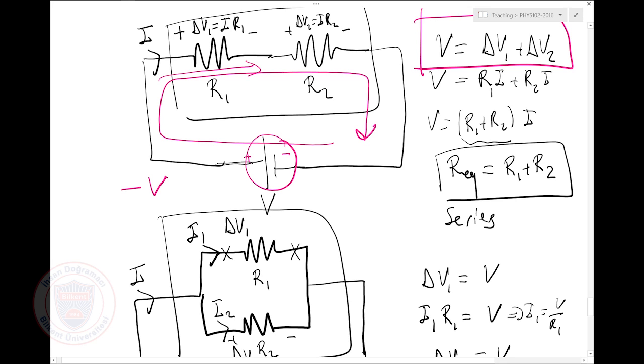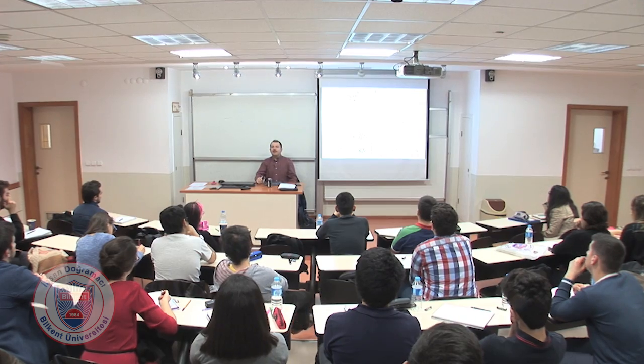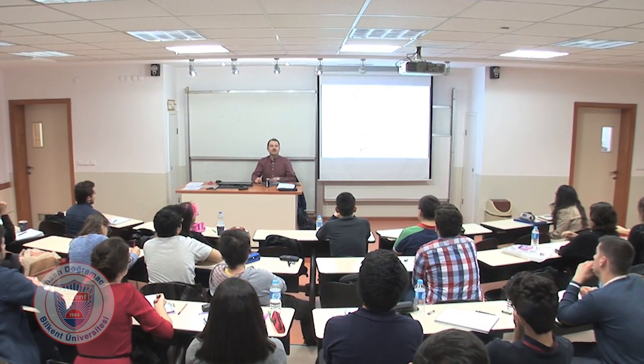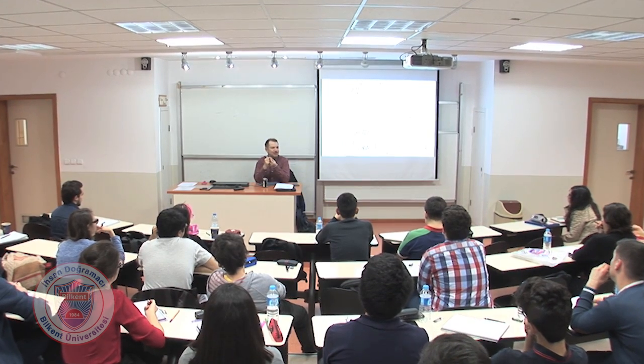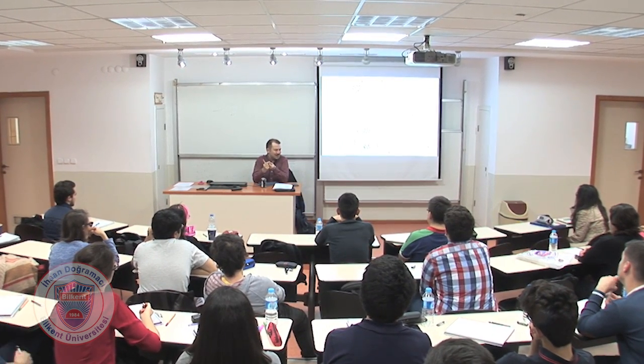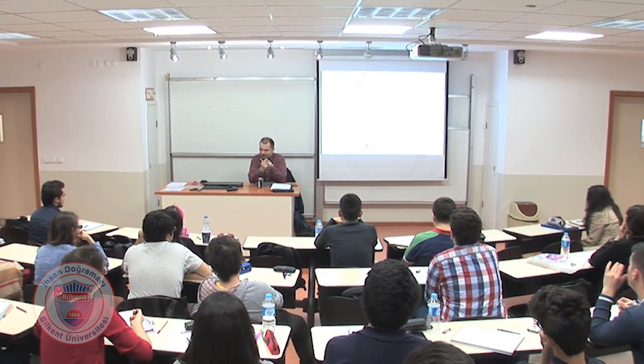Then I have delta V1, because I'm entering it from the plus terminal, then I'll have delta V2. Then I came back to the same point. What's the voltage difference between a point and the same point? If I go through any loop, there is no voltage difference, right? I came back to the same point.